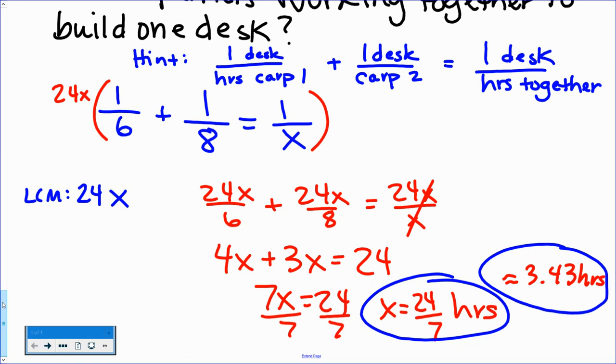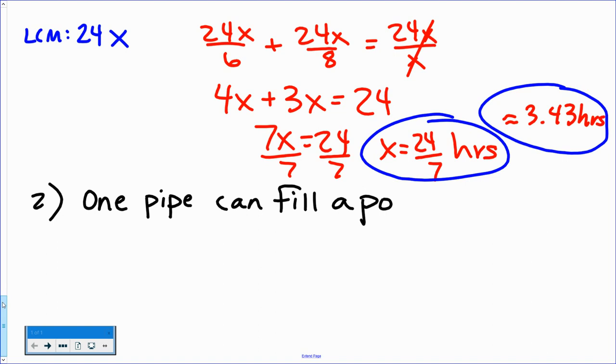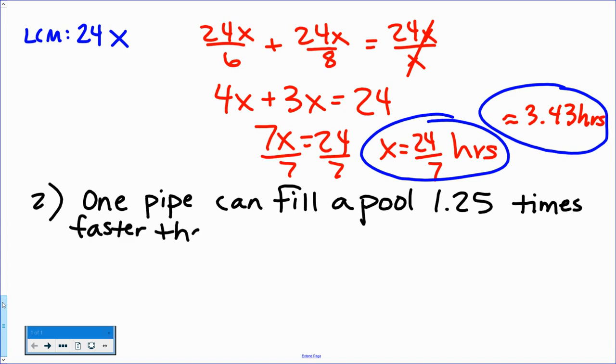I'm going to set up one more word problem for you, if you feel you need to see another very similar. So one pipe can fill a pool 1.25 times faster than a second pipe.